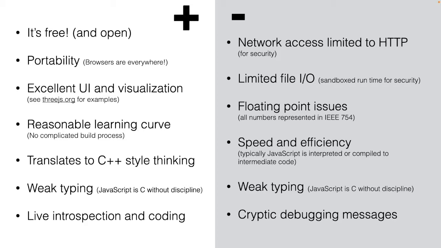One of the benefits of following an open standard is that it's adopted widely, in addition to the fact that it's free. For portability, virtually every modern web browser has an implementation of a JavaScript engine within it that we can use and that you use every time you log on to any web page.